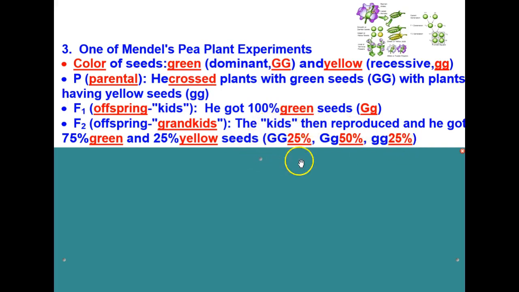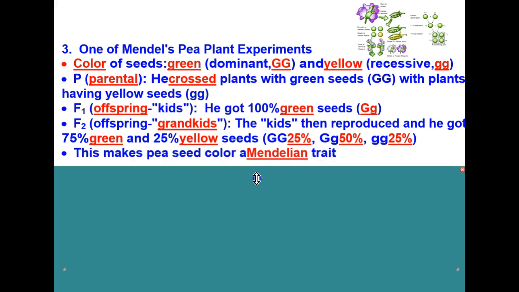So altogether, all these 25 and 50% combined together are all green. So 75% show the green phenotype, while 25% showed the yellow phenotype. This makes pea seed color a Mendelian trait. You'll often hear all this called Mendelian genetics.